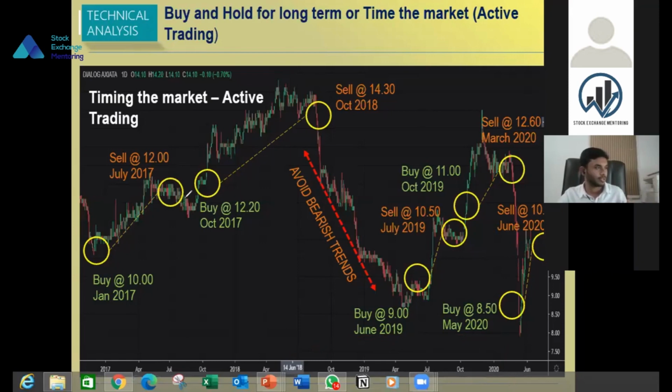Then again you find the stock is gaining some momentum, there is some trend developing. So you start buying the stock at 12.20 and again sell at 14.30 levels.